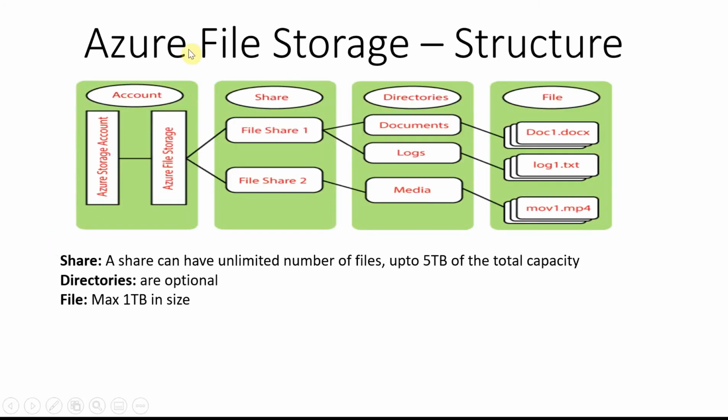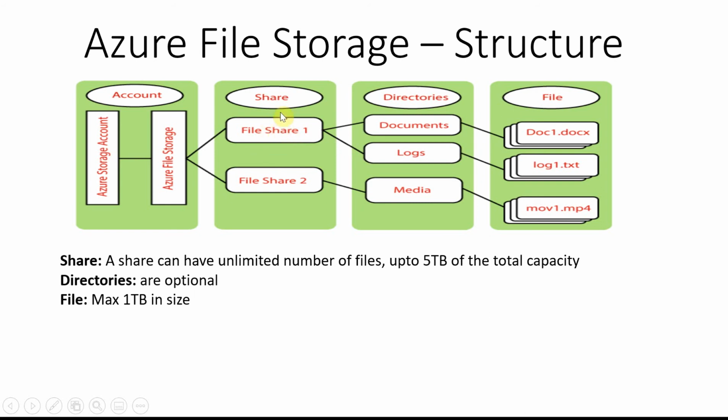Okay, so this structure is similar to blob, except one layer is extra here, which is a share. There'll be a lot of shares that you need to create first, and this share is dependent on the protocol, whether it be NFS or SMB. That is the one difference.